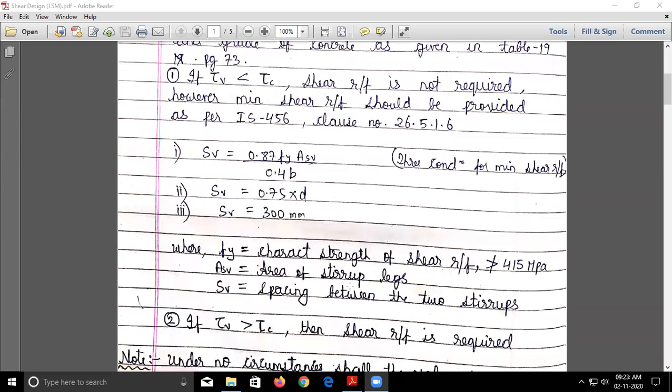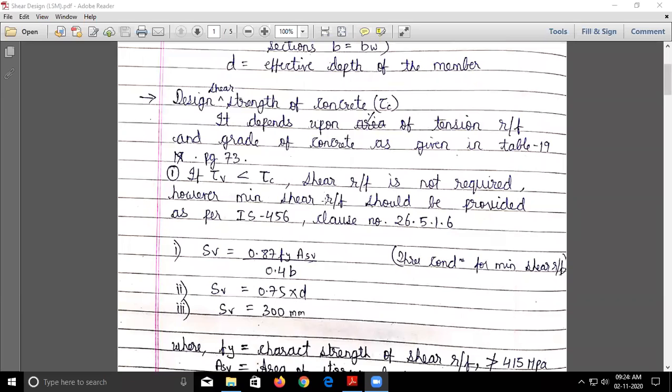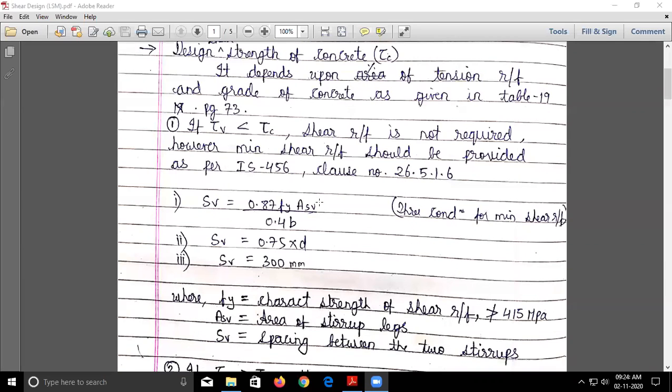If you say design shear strength of RCC, then also it will not be wrong. So we say that it is the design shear strength of concrete, tau c. It includes concrete and also the longitudinal reinforcement. Are you getting it, everyone? So this is the strength of concrete and the reinforcement, whatever its strength to resist, that is tau c.